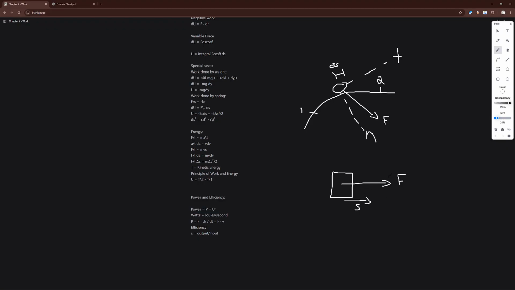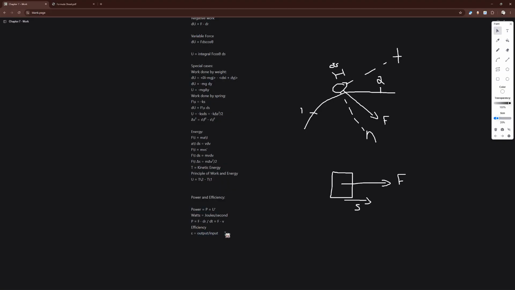We got our output, which was the resultant motion from our input force here. And it's not 100% efficient because some of the energy gets eaten up by things like friction. There's an opposing friction. It can be lost to heat, right? It transforms into heat and leaves the system, right? There are many ways to lose power.